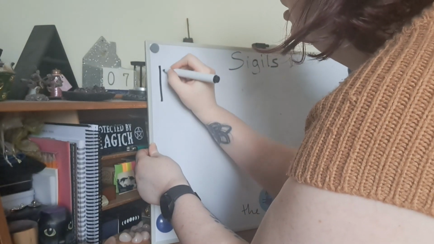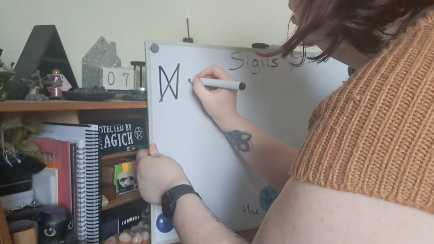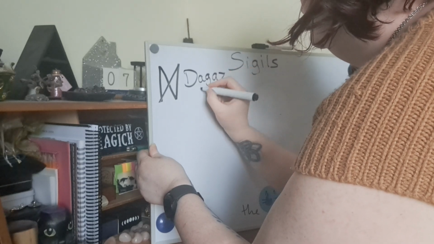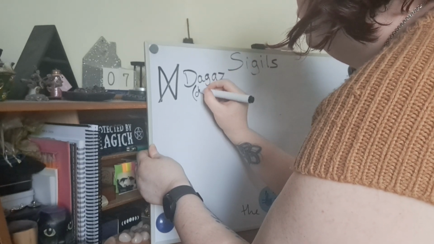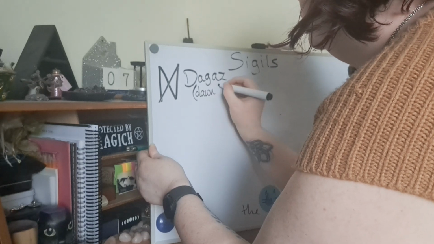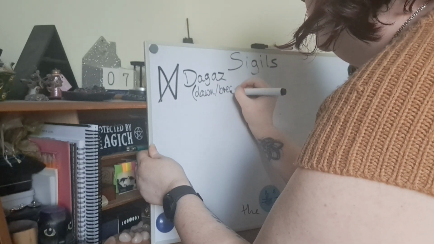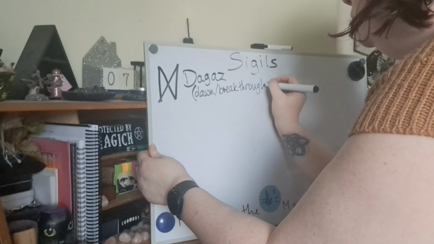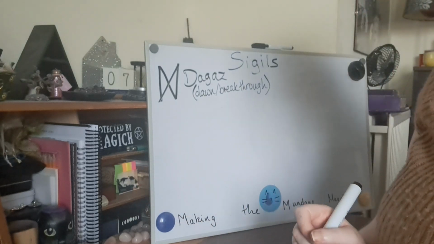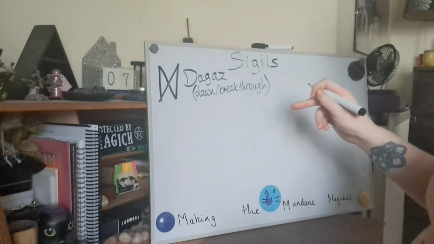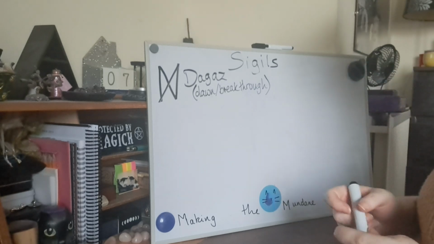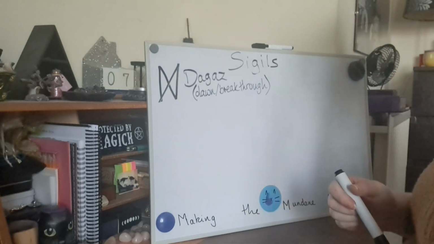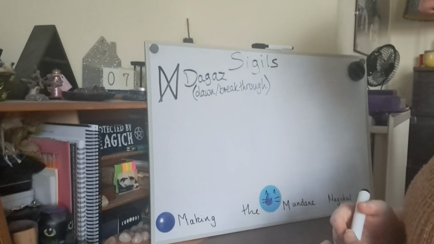So this is, or it's like dawn or breakthrough. Really hope you can read my writing. So we've got Dagaz, which is dawn or breakthrough. This is currently my favourite rune, which is fine.